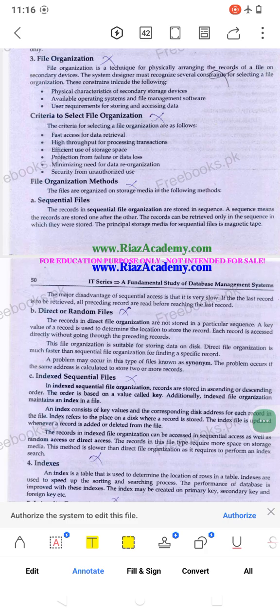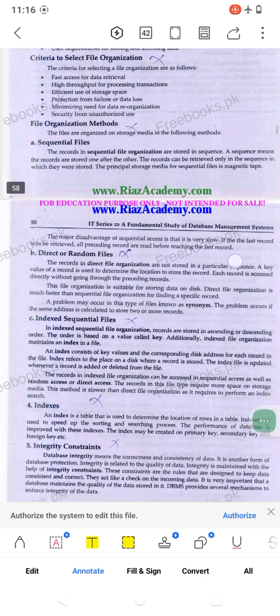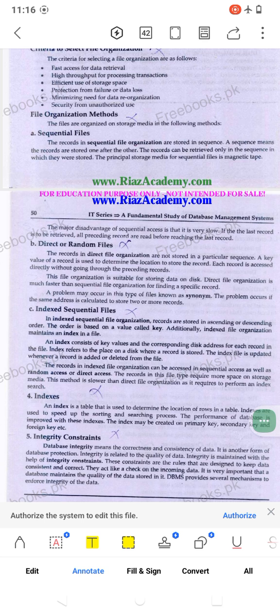Methods of file organization are important. First one is sequential, second one is direct and random, third one is index sequential. In sequential, we have to store sequentially, okay? And in direct and random, we store not in sequential form. This is the vice versa of sequential files.